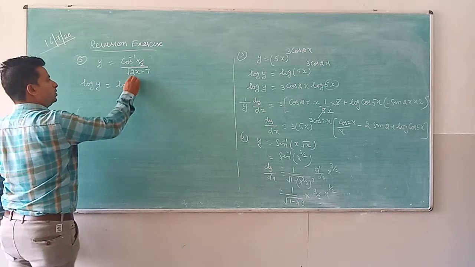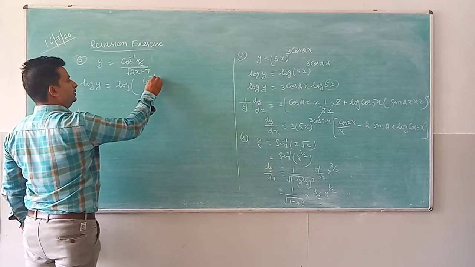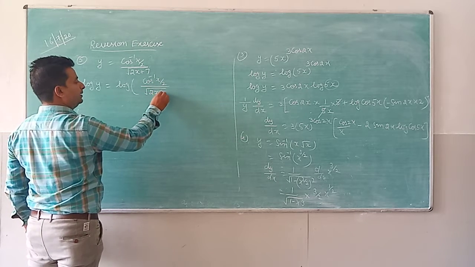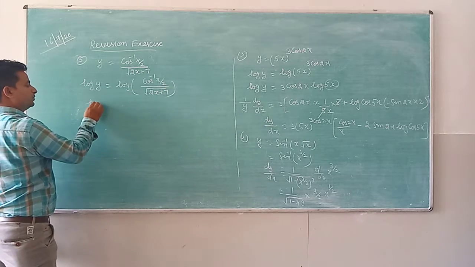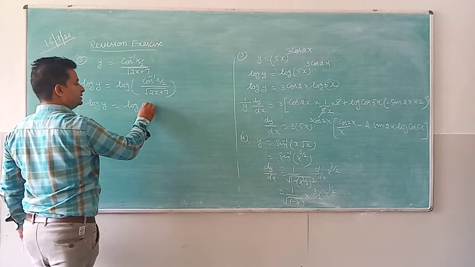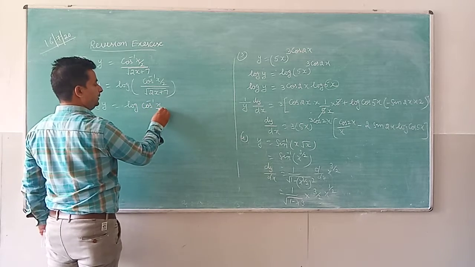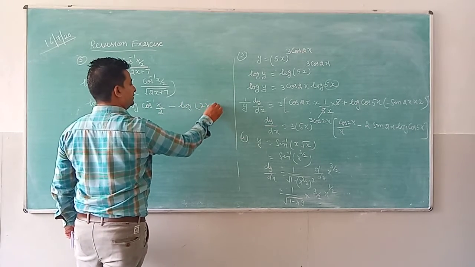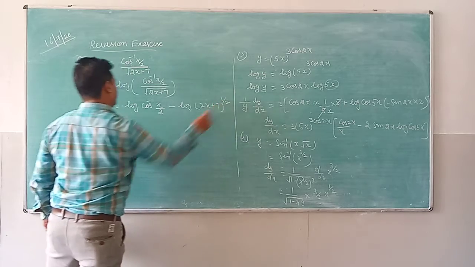So this is log of m upon n. Here we use the formula log m minus log n. This is log (2x + 7) to the power half.